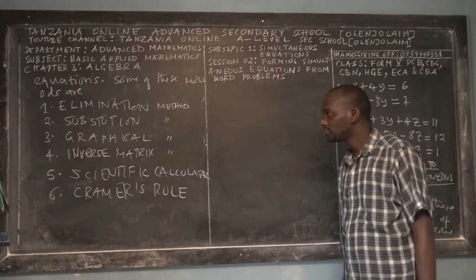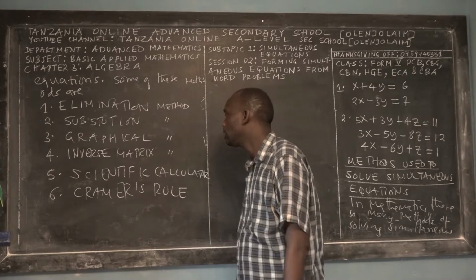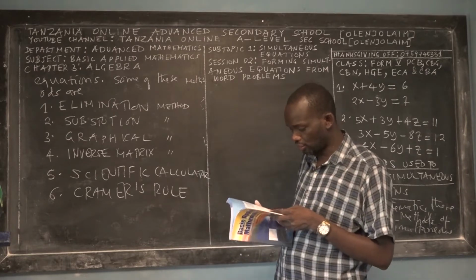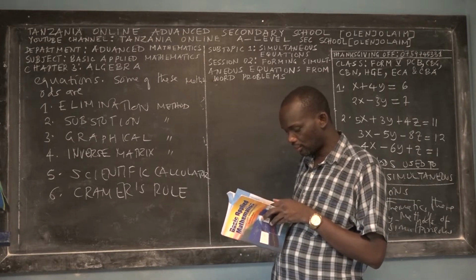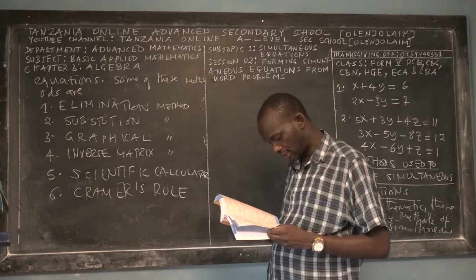So these are 6 methods that we can use to solve mathematical simultaneous equations, whether we form them from a word problem or from any other context.